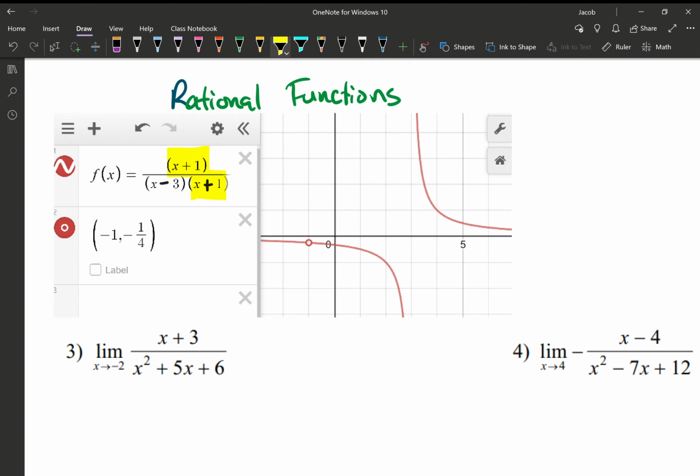And I want to highlight this group of factors in particular. If there is the same factor in the numerator and the denominator, then that represents a hole. We have a hole in the graph.